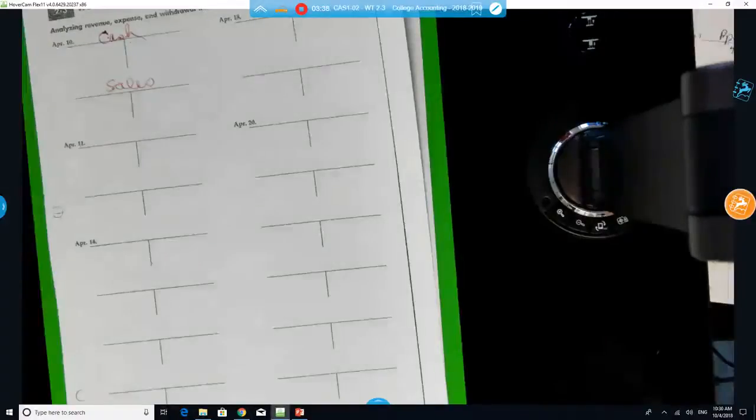Debit side. So if our transaction said received cash, is cash going up or down? Up. Okay. So if it's going up, it's increasing. And if it increases on its normal balance side, and the normal balance side is a debit, what are we going to do to this transaction?